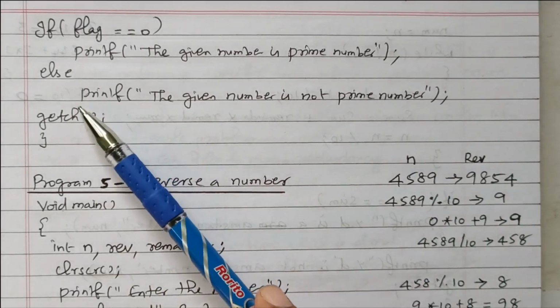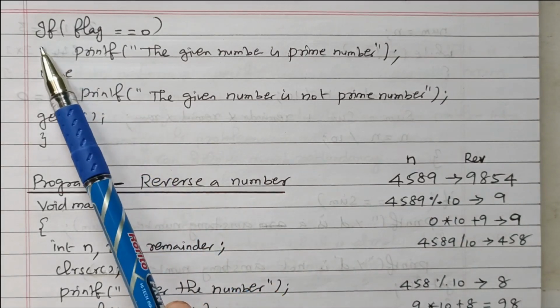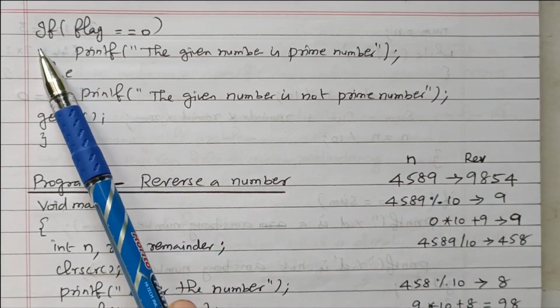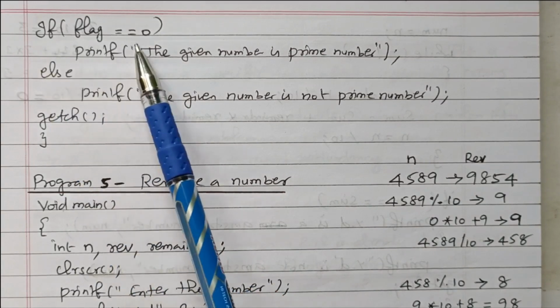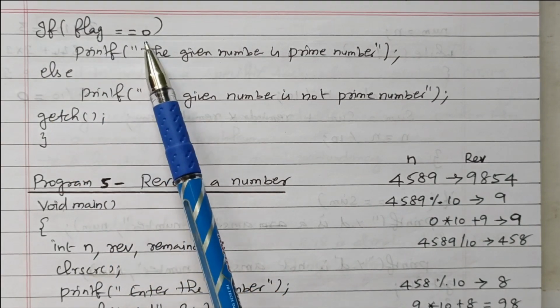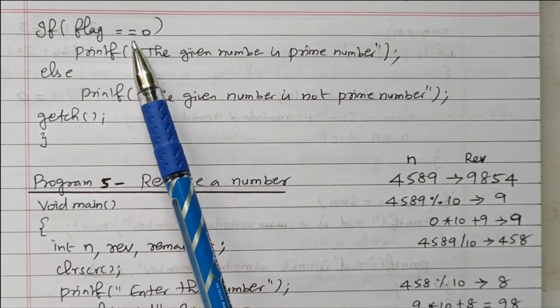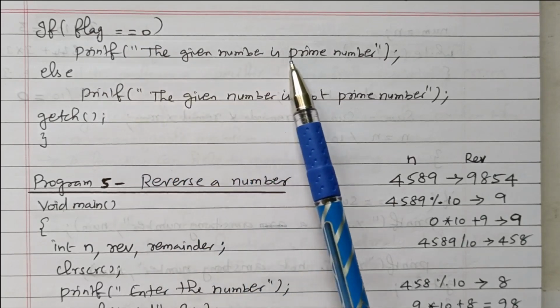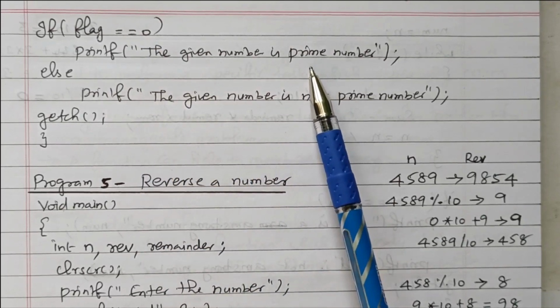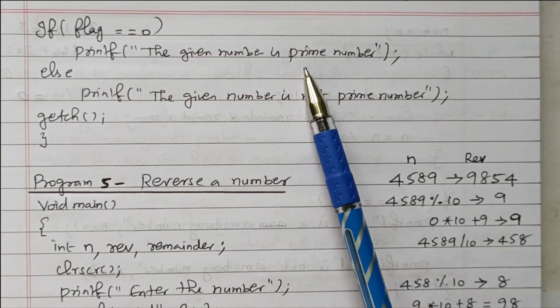After completing this process, we check after the for loop; inside we have one more if, and those are all closed. If flag equal to 0. Initially we set flag equal to 0. If it is 0, it means the given number is a prime number, that means it does not go inside the if condition.